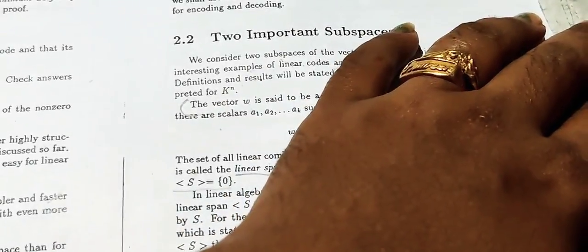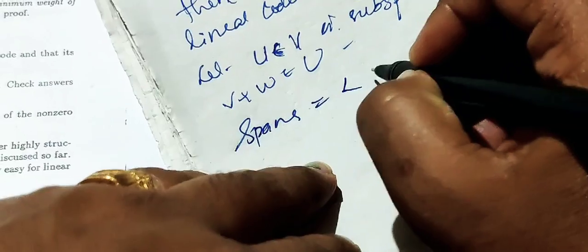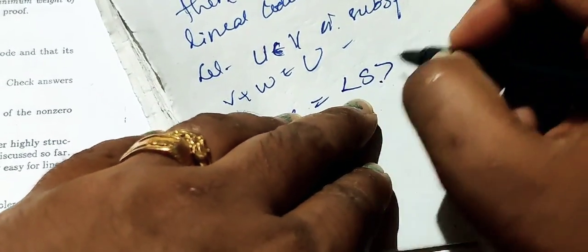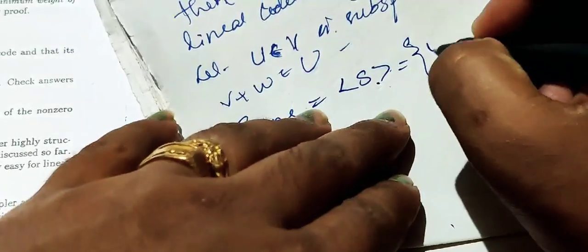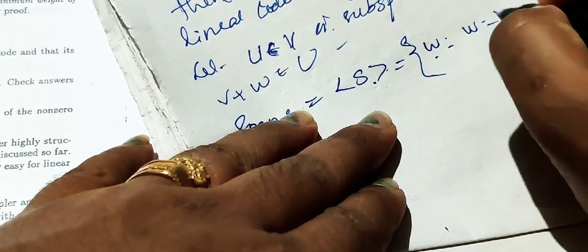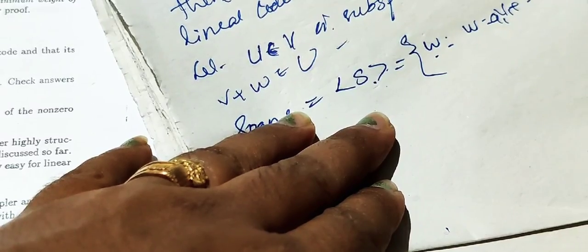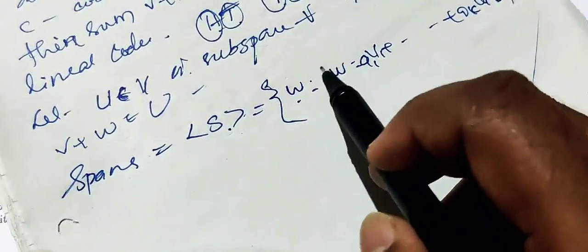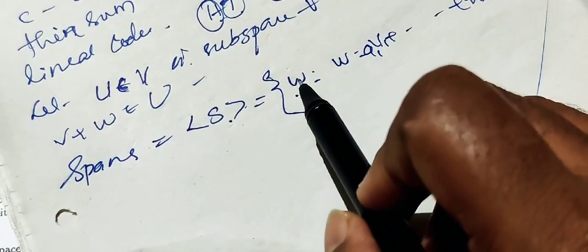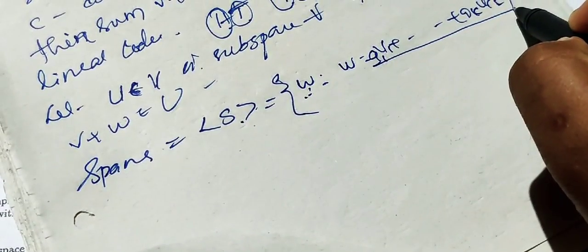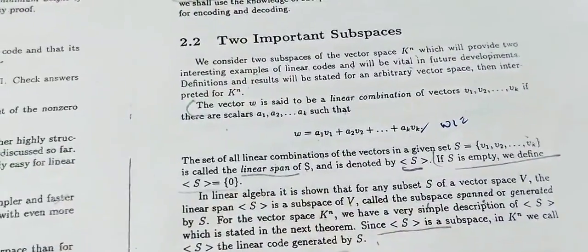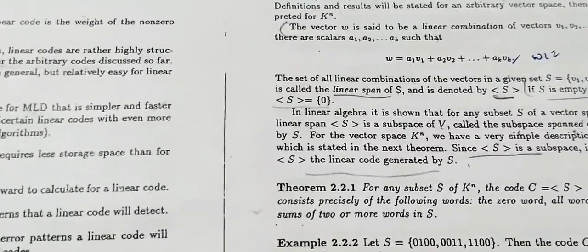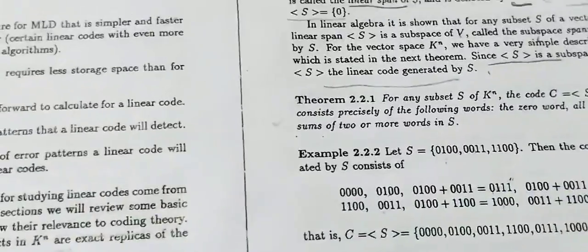So span S means, similarly, the same concept. Span S is denoted by a set, this one. It is a collection of all vectors w such that w is equal to some a1 v1, a2 v2, etc., ak vk. So the collection of all vectors w which are linear combinations of v1, v2, etc., vk, that is the linear span. So next, the linear span S is a subspace.